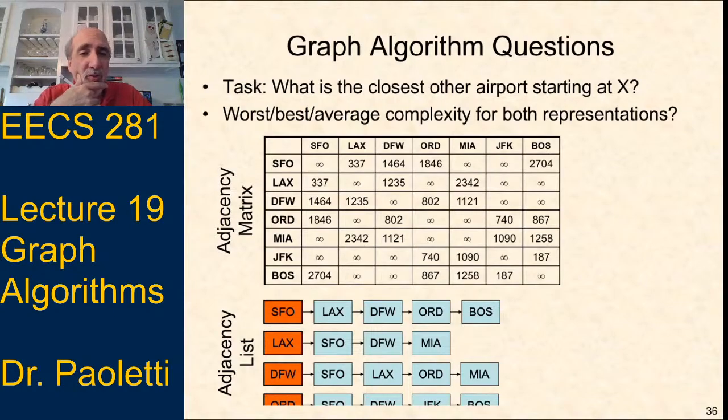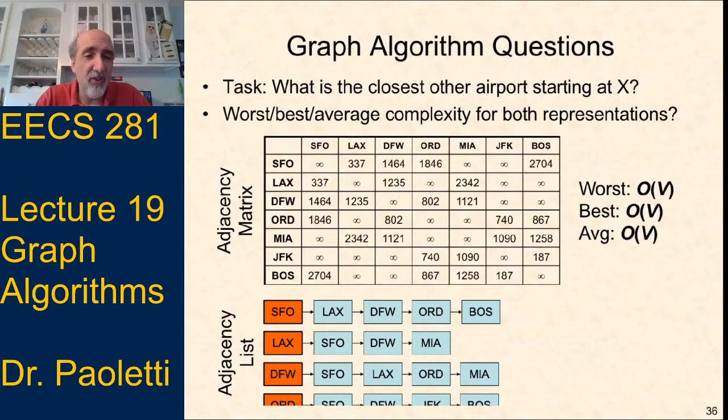So worst case would be O(V). Best case would be O(V). Even if the smallest one is first, I don't know it until I traverse everybody in that row. Average case is O(V) also. So if the worst and the best are the same, then the average can't be different.